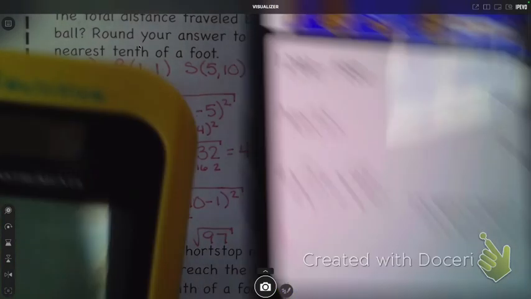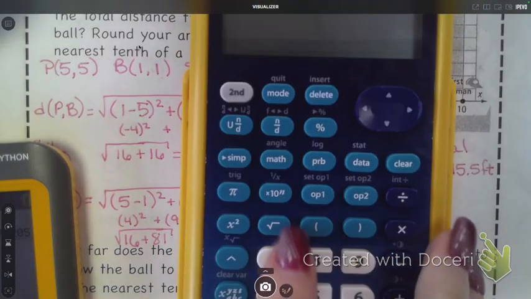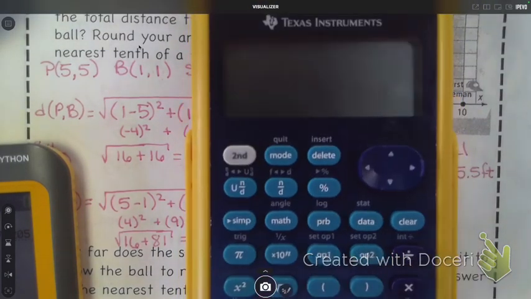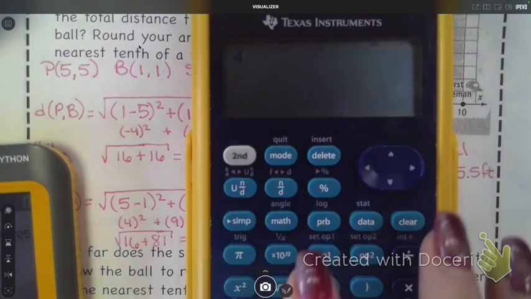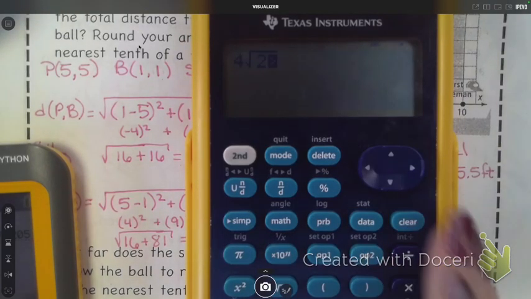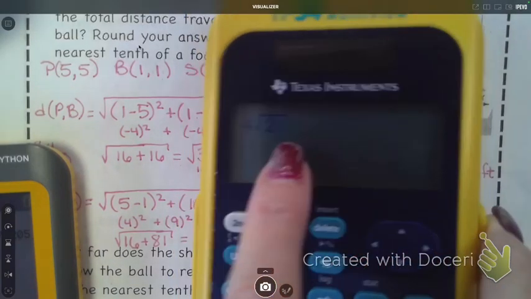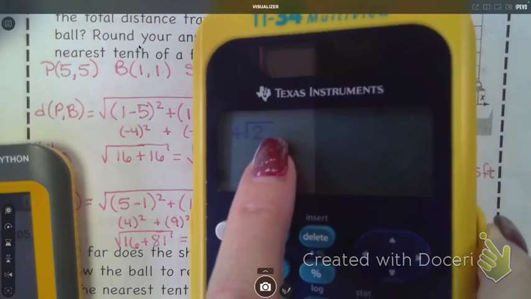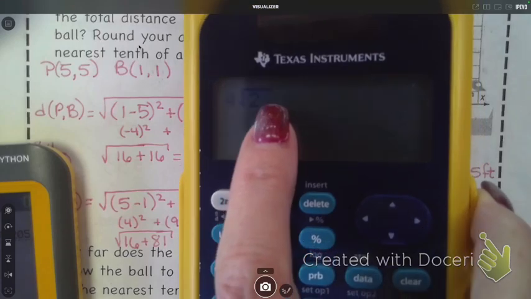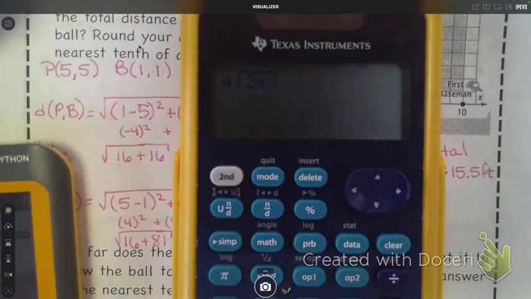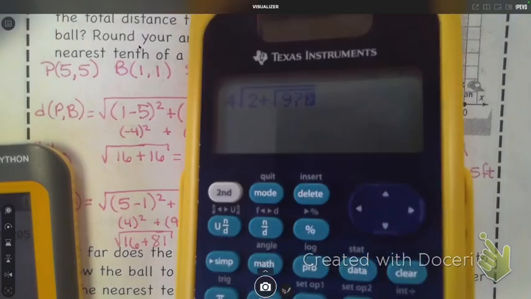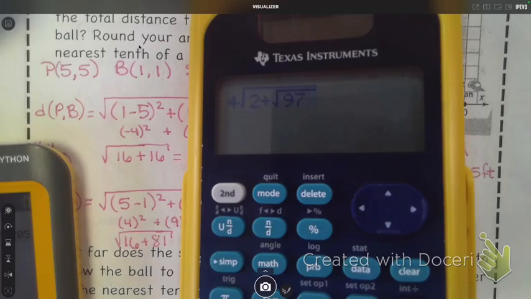And the square root here is just right here. So you would have 4, oh, probably have to turn it on, huh? 4 square root, not second, square root of 2. And on this one, you also see how that square root keeps continuing? You have to arrow out of it. If I don't arrow out of it, watch what happens. It adds it, and I'm not taking the square root of 97, am I?